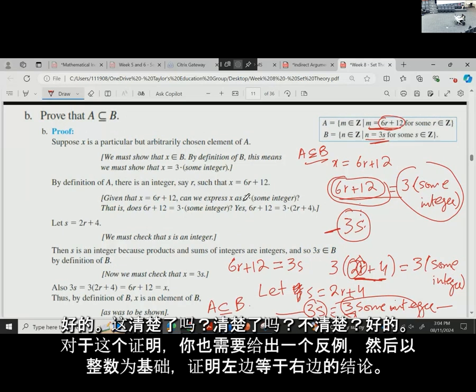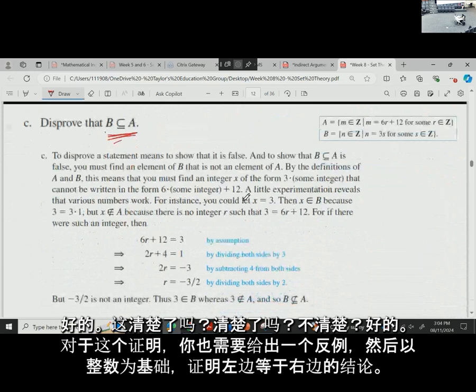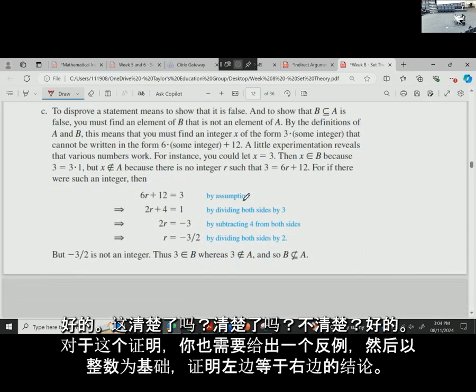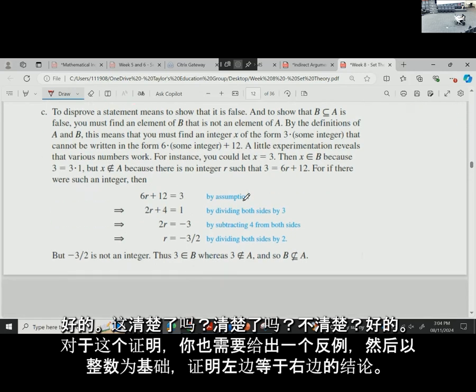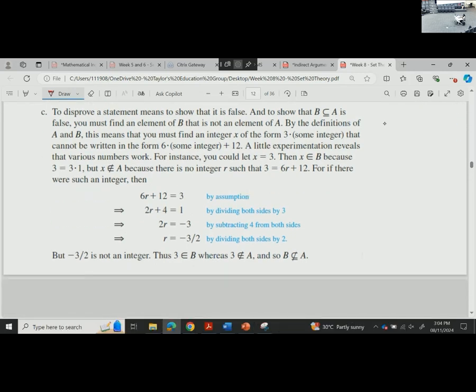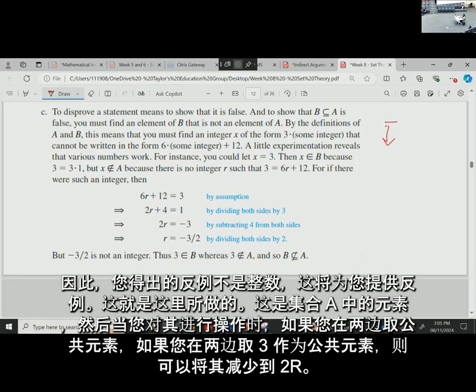Okay. For disproof also, you will need to show a counter example, and there you will take your integer as a base, and then show that the conclusion that you reach is not an integer, and that will give you the counter example.